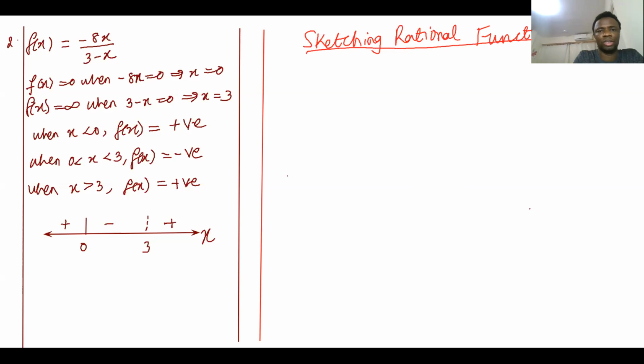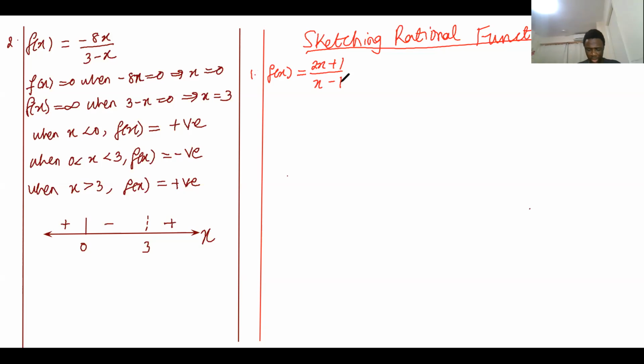So the question is f of x equals, and I'm not going to write all the questions, I'm just going to write the function, okay? 2x plus 1 divided by x minus 1. We're going to follow through the questions, like I said.